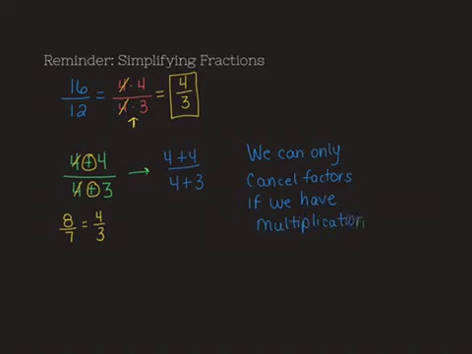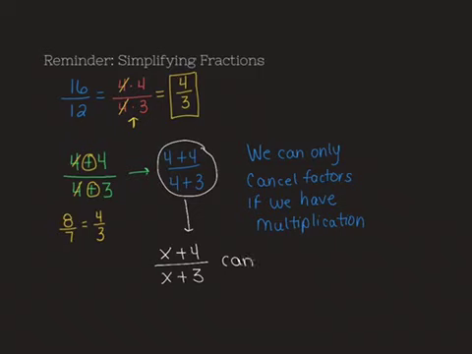So not addition, not subtraction, it has to be multiplication, which means if we now used the same example, but we put some variables in, that if we have x plus 4 over x plus 3, because there is no multiplication here, we cannot cancel the x's out.